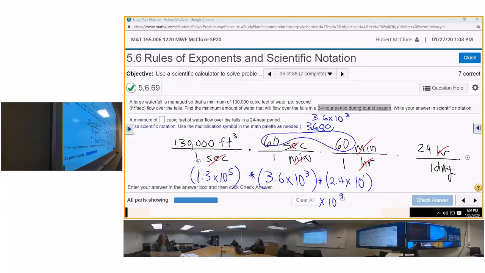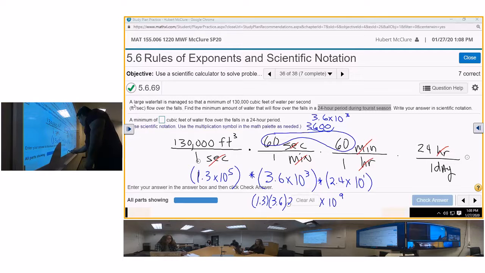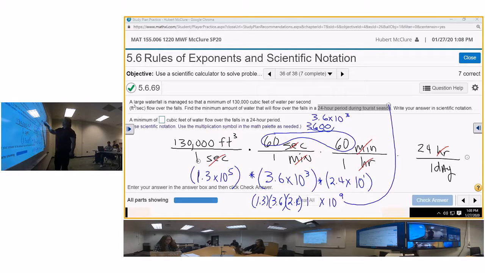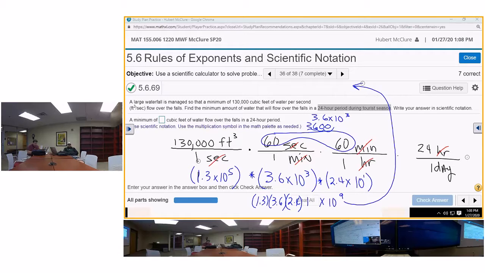And then I'm going to go 1.3 times 3.6 times 2.4. Now, I want somebody to take your handy-dandy calculator and multiply 1.3 times 3.6 times 2.4 and tell me what you get.